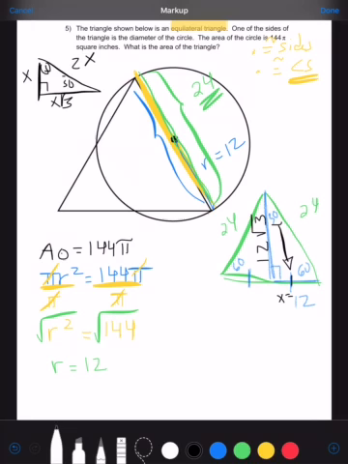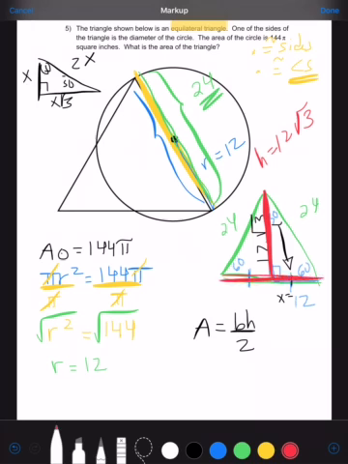So now I need to find the area of the triangle, which is going to be base times height divided by 2. Let's review this. We found the altitude is 12 square root of 3, right? Now, remember that the base is the whole thing. So the base is going to be 24.